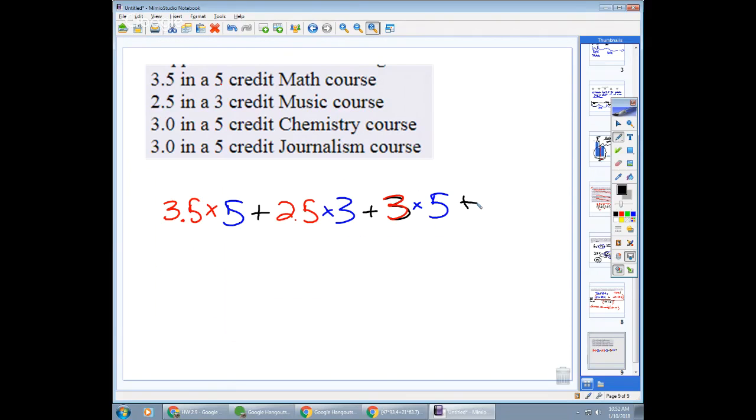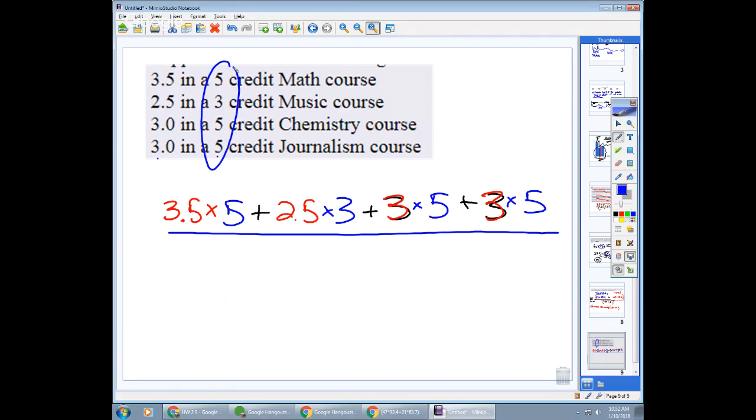And that next 3.0, it gets to count 5 times also. So each grade point that we got here counts based on the number of credits that it's worth. So that's the weighting part. Underneath, I just have to add up the number of credits. 5 plus 3 plus 5 plus 5. So that's the idea of a weighted average.